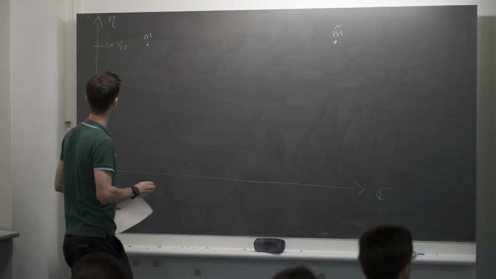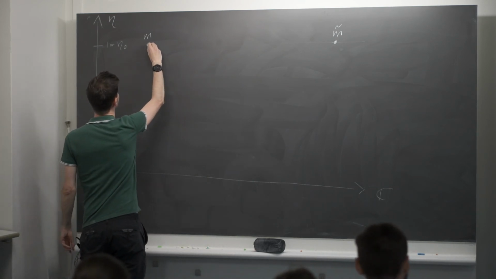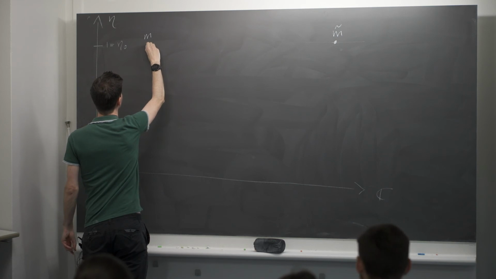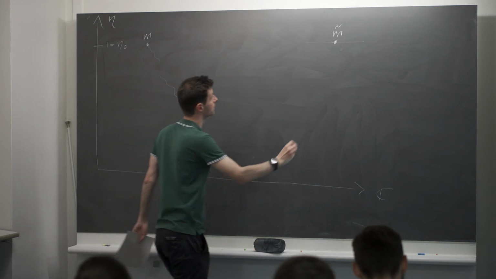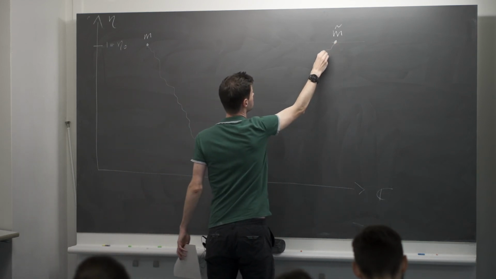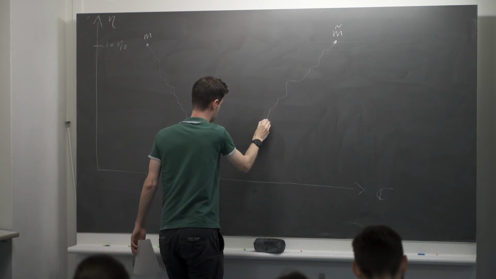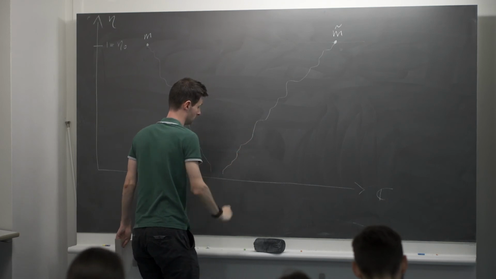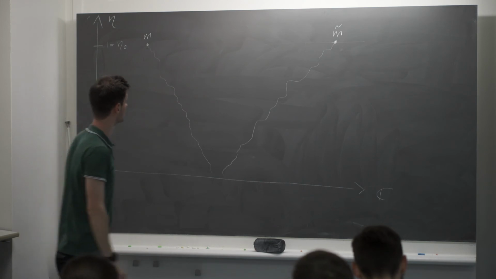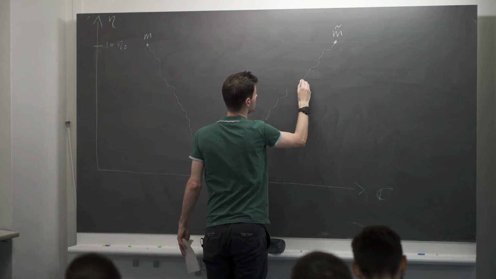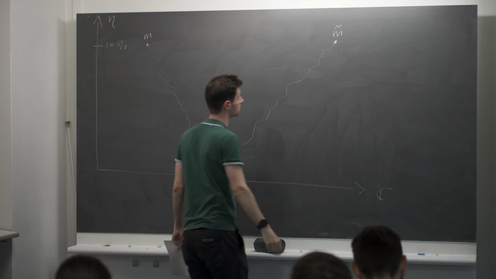Now as I start decreasing my eta, they will start to wander, and they can become very close. In fact, this typically happens if you are near the spectral edge. Go back to the definition of m and m tilde. If you are near the spectral edge, you will see that they are very close.